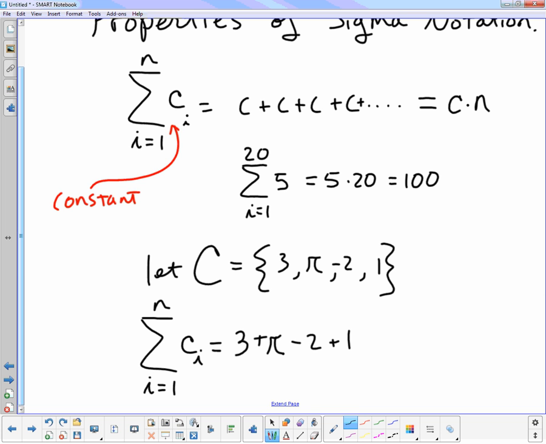You see? Because that's saying it might change every time, but if it's a constant, then it's always the same. Does that make sense?